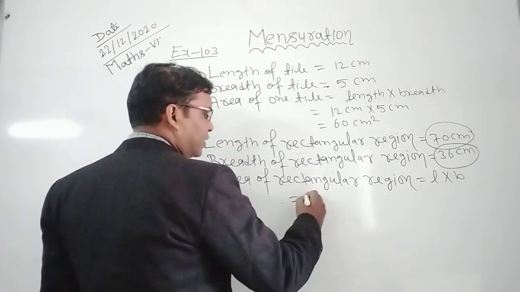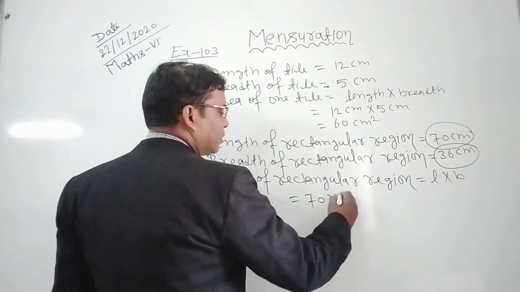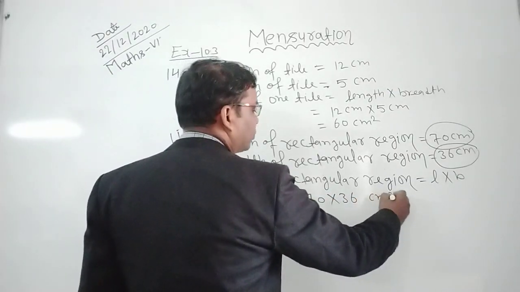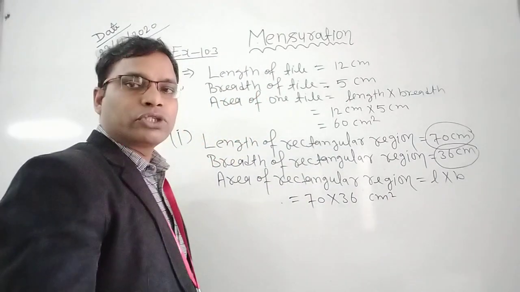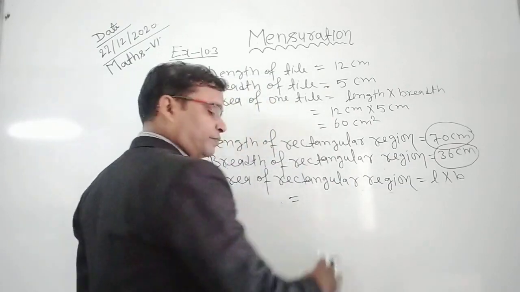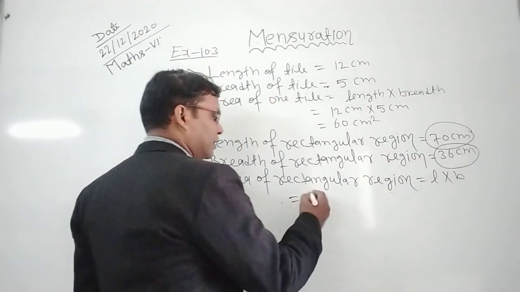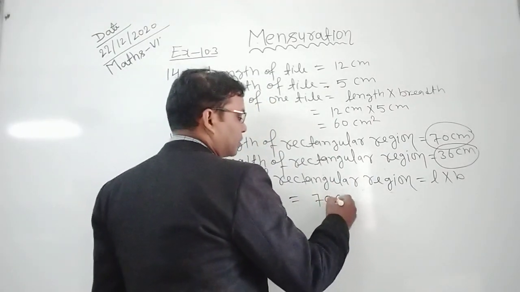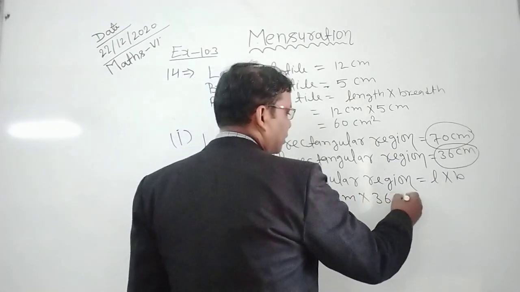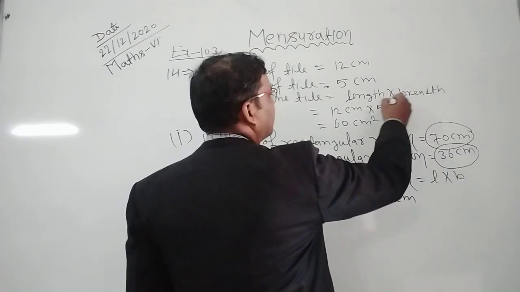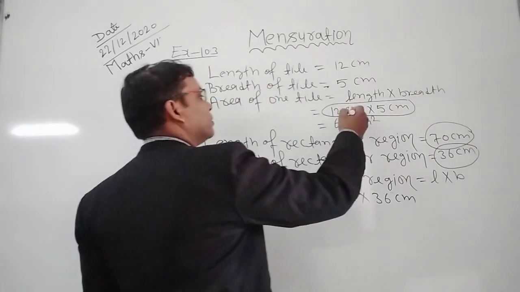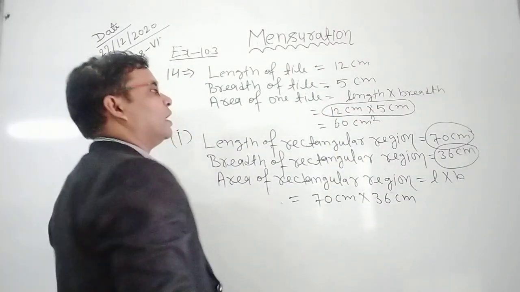So you can write 70 into 36 centimeter square. Here you can see the area of one tile is 12 centimeters into 5 centimeters.